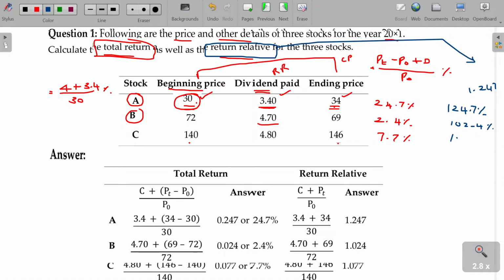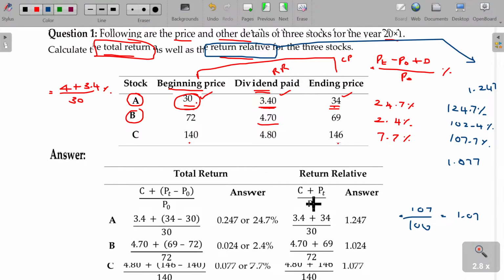Here 107.7 percentage or 1.077. Return relative is nothing but I invested today 100 rupees. By the end of first year, it becomes 107. Then what about this value? Final value 1.07. It means the 1 rupee becomes 1 rupee 7 paise. Like this is called return relative.